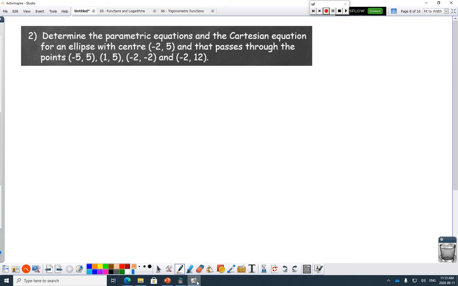Question? That's right. The A's and the B's, they're like the radius. I don't like using that word because it's not a radius, because the radius is only for a circle. But it's only half of that axis, not the whole axis. Sort of like in circles, we used r for the r squared. We didn't use the whole diameter.